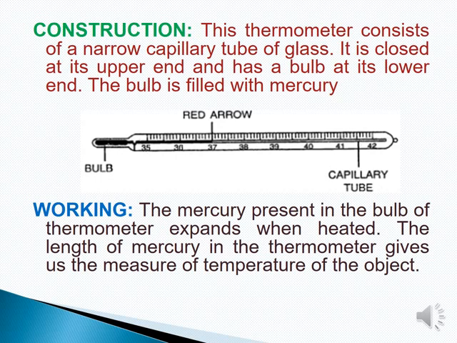Now when mercury gets heated up, it starts expanding in the capillary tube. The extent of the expansion of the mercury depends on the extent of heating of the thermometer. Means more is the heating, more will be the expansion of the mercury in the capillary tube. This in turn depends on the temperature of the object with which the thermometer bulb has been put in contact.